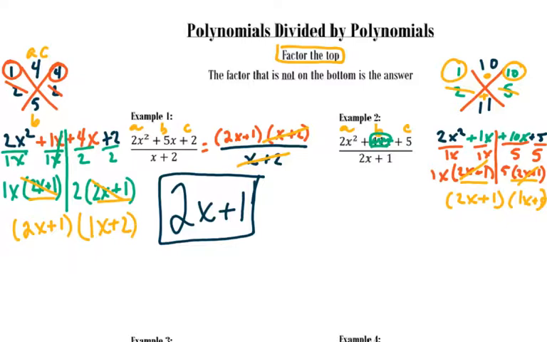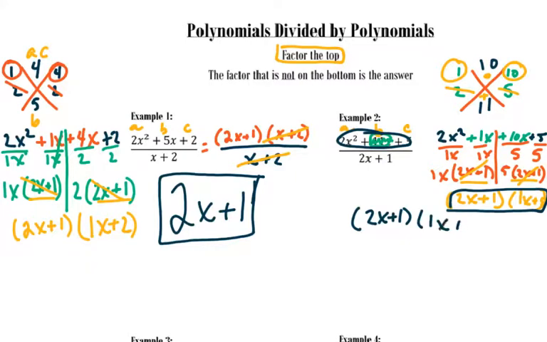So now to answer the question, instead of writing this top trinomial, I'm going to replace it with the factored version, which was right here. So 2x plus 1, 1x plus 5. Then in my original question, there was a 2x plus 1 below.